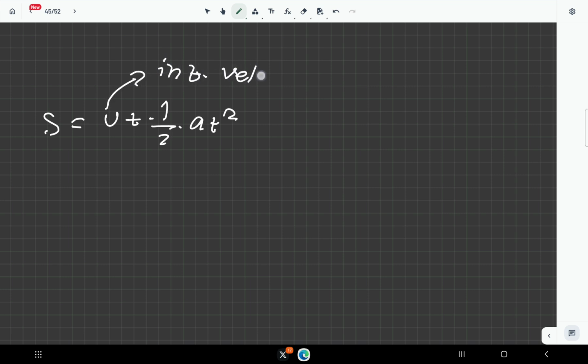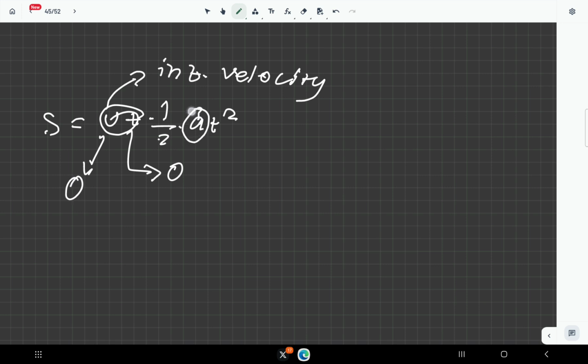We'll use S equals ut plus half at squared. u will be our initial velocity, a the acceleration, and t the time taken, and s will be our displacement.